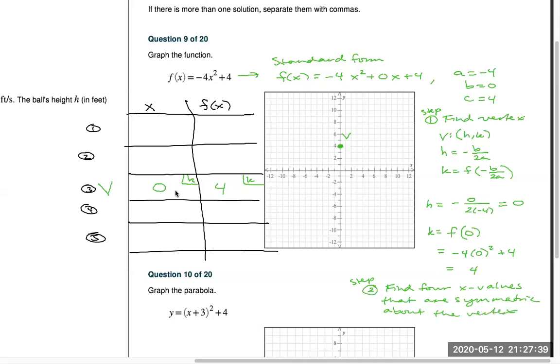So like if I have 0 in the middle and I put negative 1 over here, I want to put 1 on the other side because those are both a distance of 1 away from 0. If I put negative 2 up here, I want to put positive 2 down here because they're at the same distance from 0. Okay.